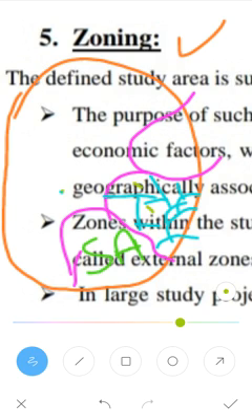Next, a convenient system of coding the zones will be very useful for the study. In such a system, the study area is divided into 9 sectors.